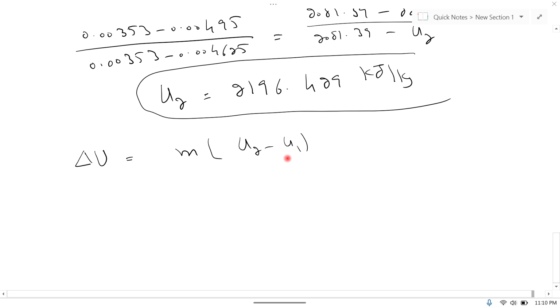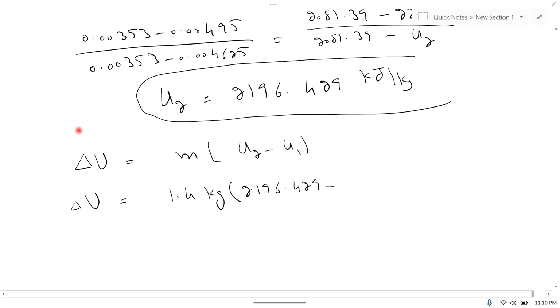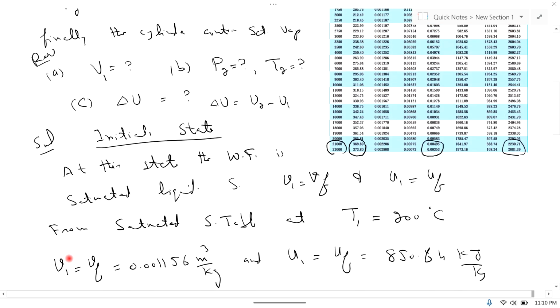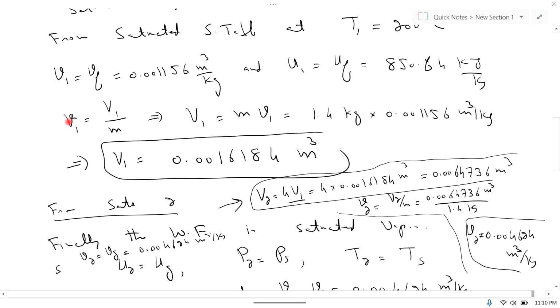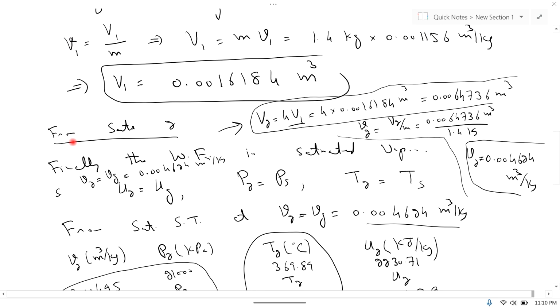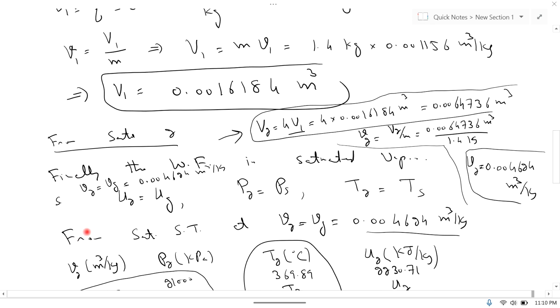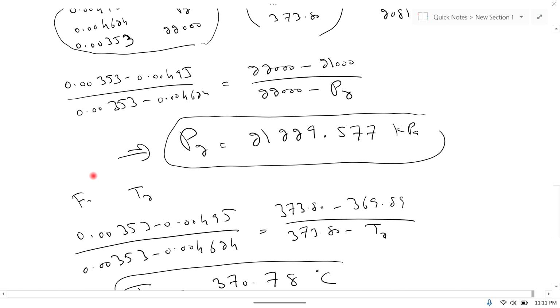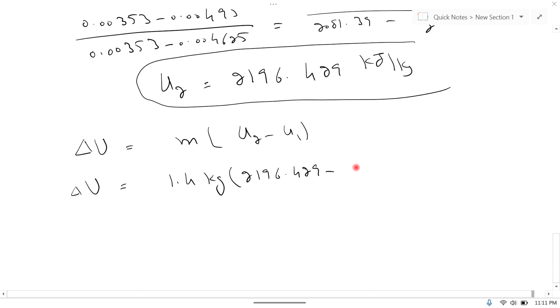Now to find del U, the change in total internal energy, it is equal to mass multiplied by the change in specific internal energy. So del U is equal to mass, 1.4 kg, multiplied by U2, 2196.429, minus U1, which is 850.64 kilojoule per kg.